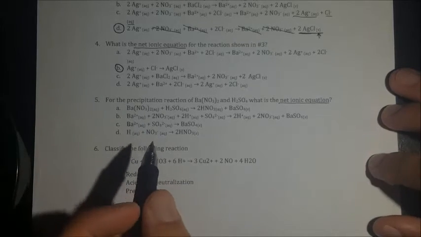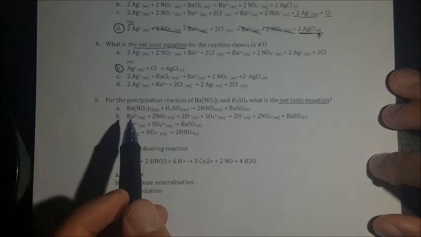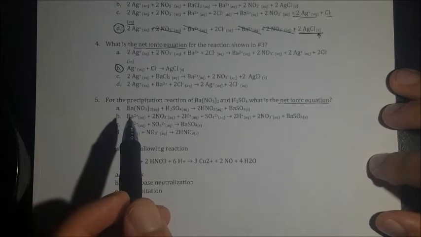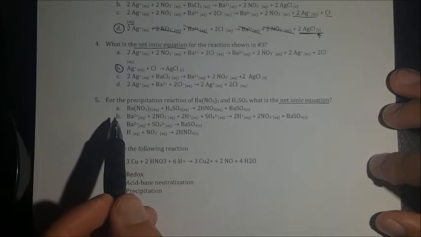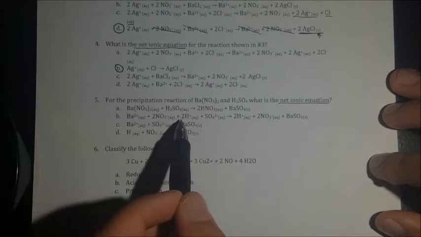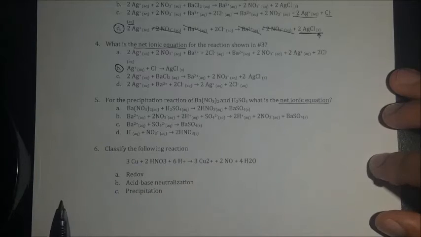So what we can see here is an example of the complete ionic equation, and that would be B. So we'll just take a look here at this and cancel out all of our spectator ions.